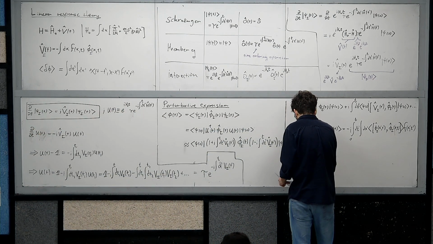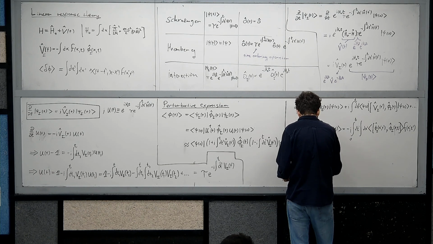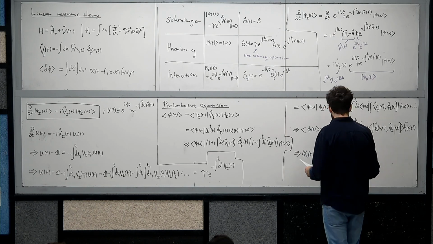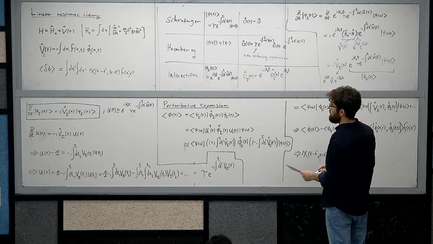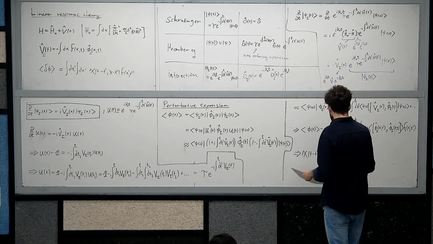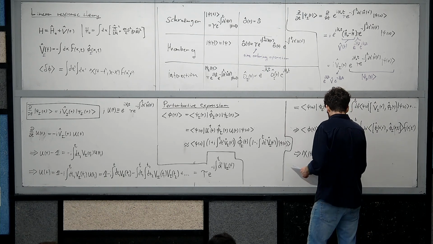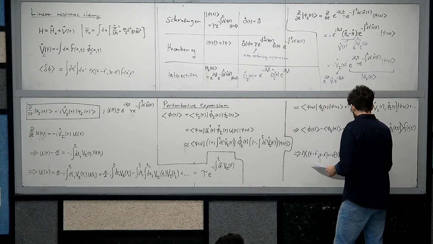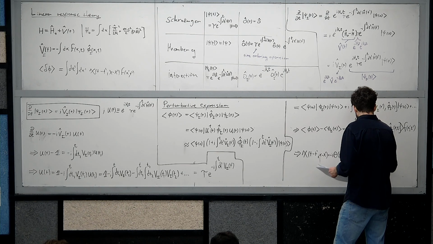Then we find from here that chi of t minus t prime, x minus x prime, is equal to i theta of t minus t prime, probably with a minus sign, minus the expectation value of the commutator of the fields evolved in the interaction picture.